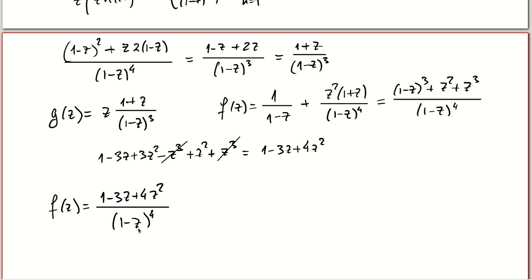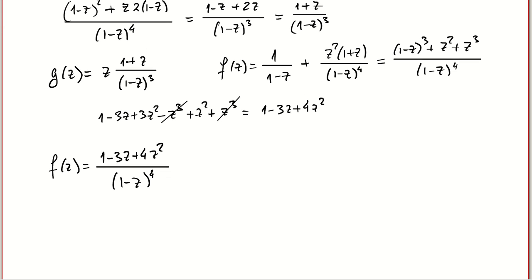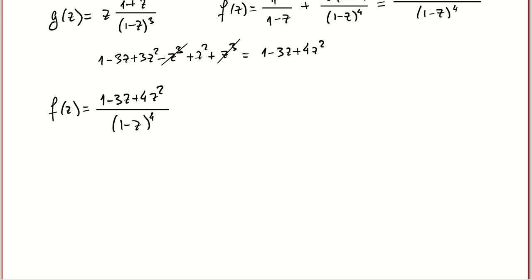In order to expand this function, we can do two things. One is expanding this into elementary fractions. The other one is what I'm going to do.